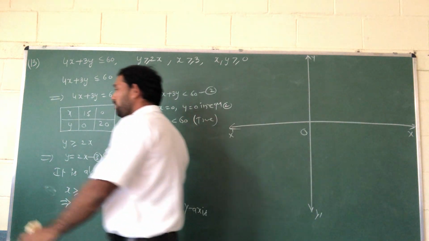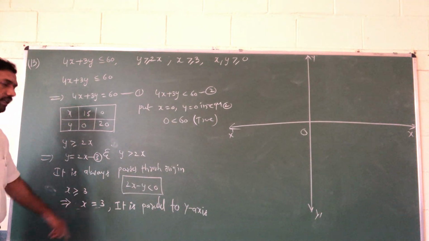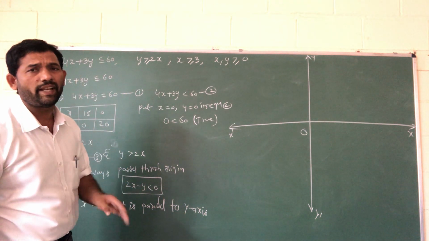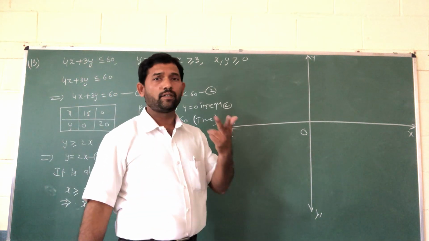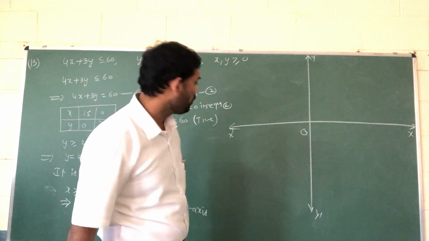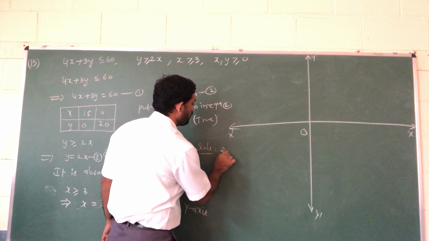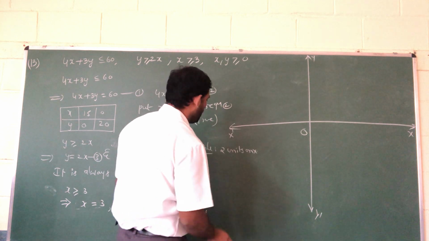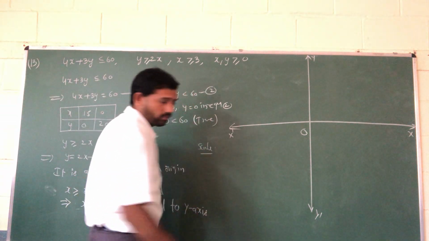So the maximum x value is 15. Here x value is 3, x is 15, y value is 20. So you take each part as 2 units, 2 units scale on the x-axis. Otherwise you take 1 unit only, not a problem.